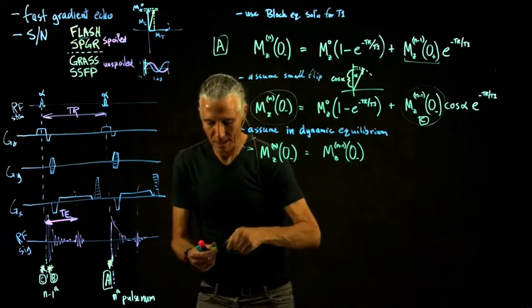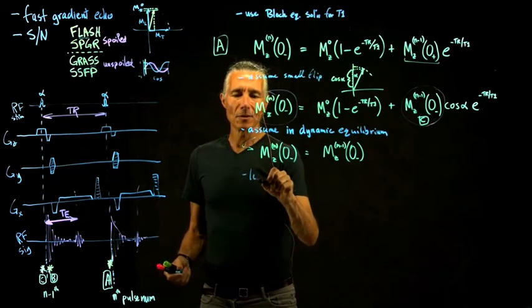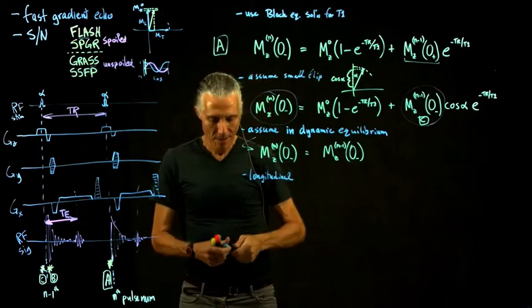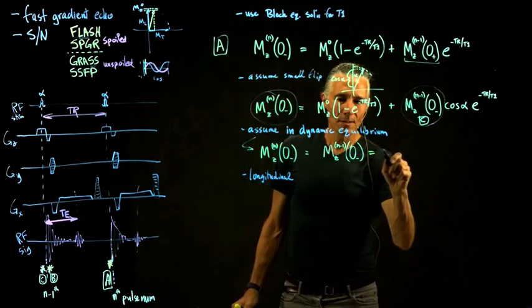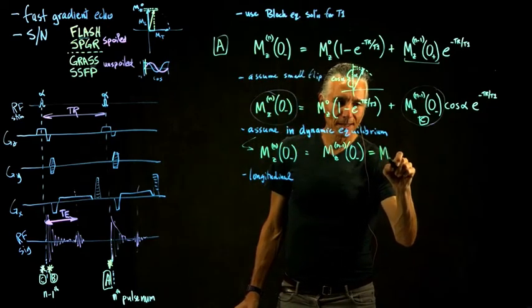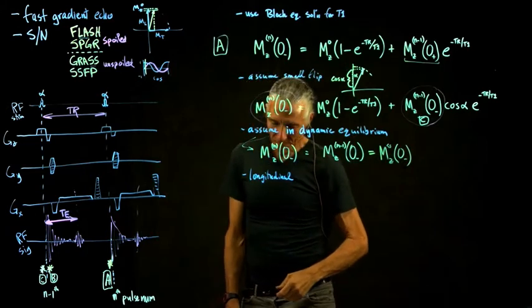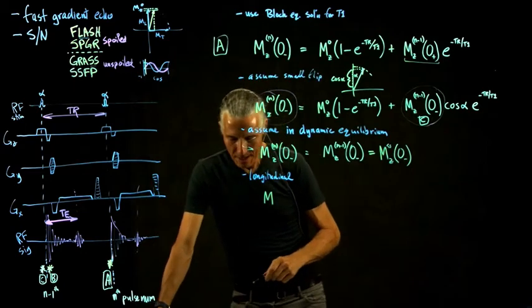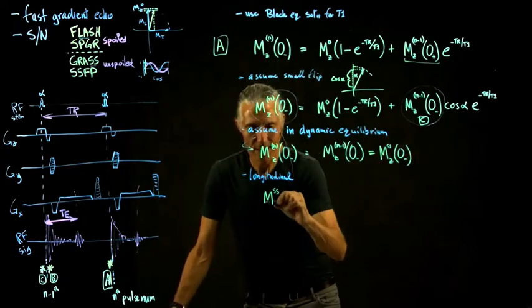So the next equation is the longitudinal, because we're going to eventually have to consider the transverse. In the notes we write this as the Mz steady state right before a pulse. If we solve for the Mz steady state, because now these two things are the same, what do we get?